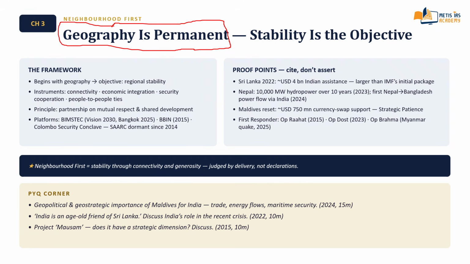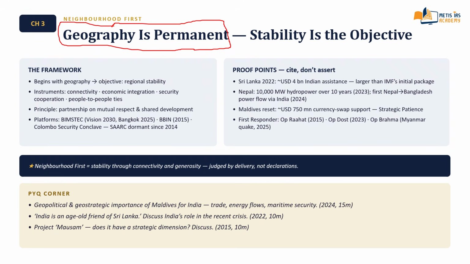Governments may change, political leadership may change, international circumstances may change, but neighboring countries remain permanent. So that is why every country's foreign policy begins with its geography. India is no exception to that. India shares land and maritime boundaries with several countries.